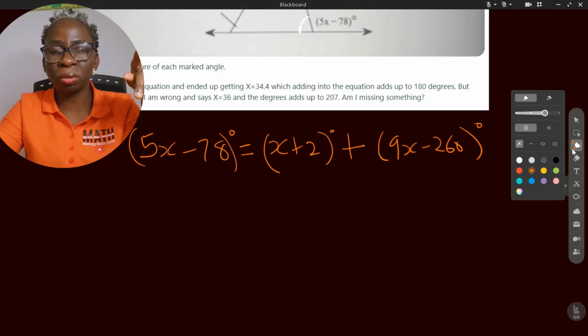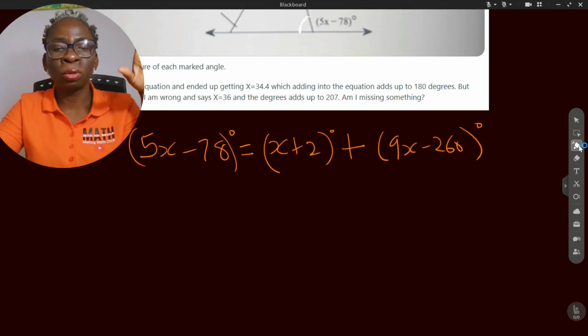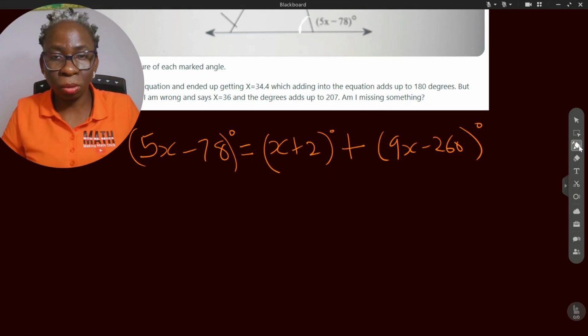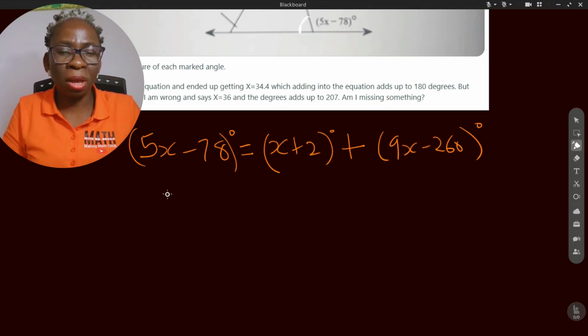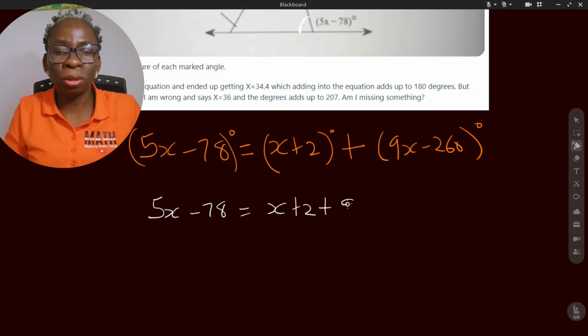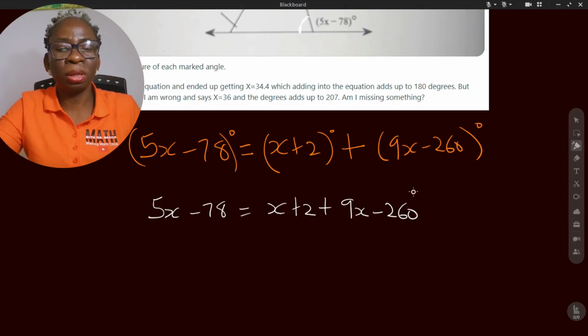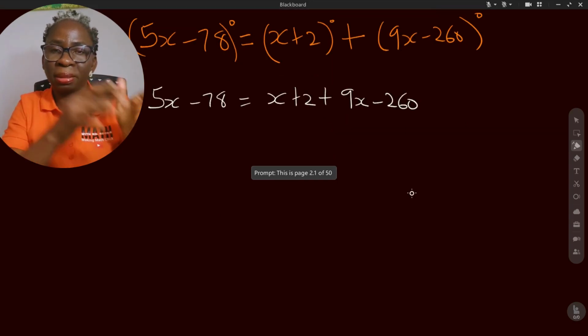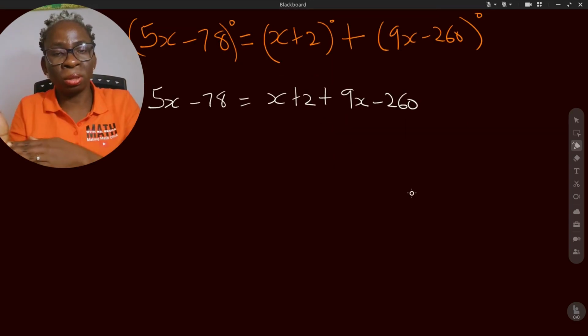Now, how do we solve for that? Let's find x now. To look for x, let's collect all the like terms. Now we have 5x minus 78 equals x plus 2, then plus 9x minus 260. Now we solve for that. Let's bring all the x to this side and then bring the constants to the other side.